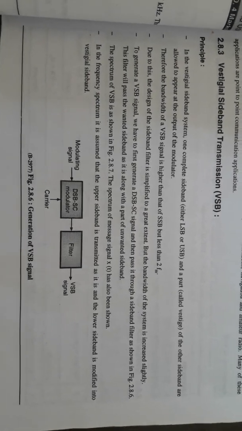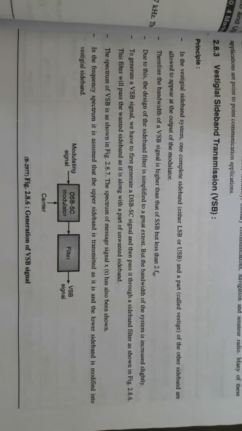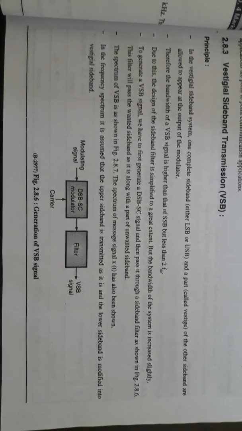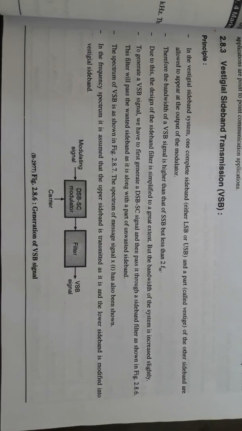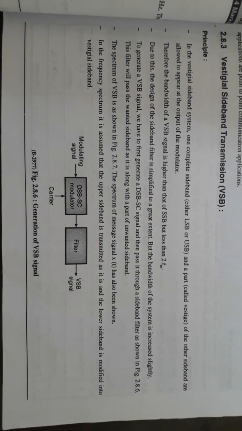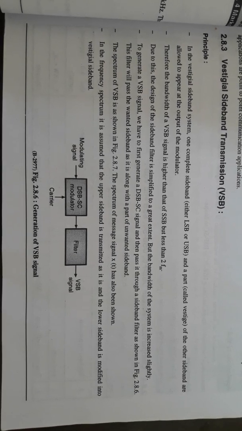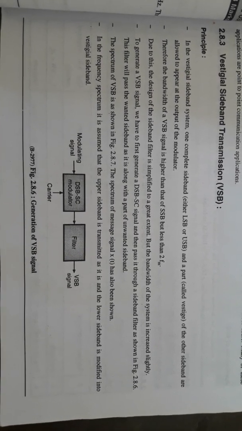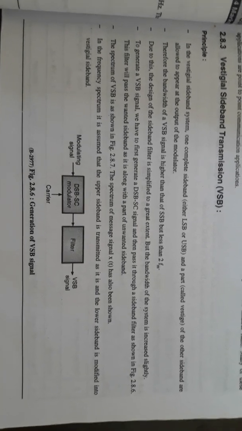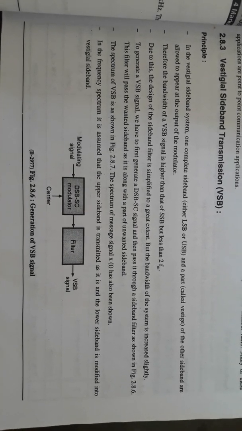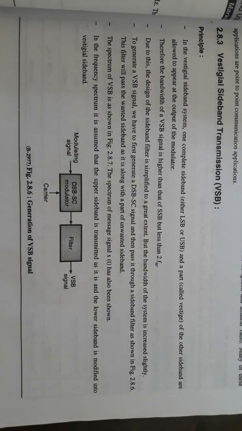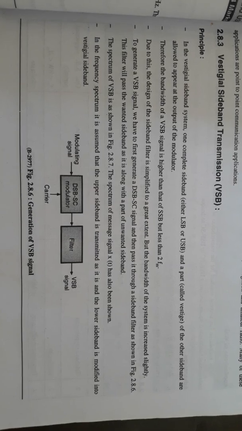In this particular technique, if we are sending the full USB, meaning the upper sideband is completely transmitted, then the LSB is vestigial, meaning only a part, a vestige, is transmitted. If 100% LSB is there and we filter 70% of the LSB, then only 30% is transmitted.